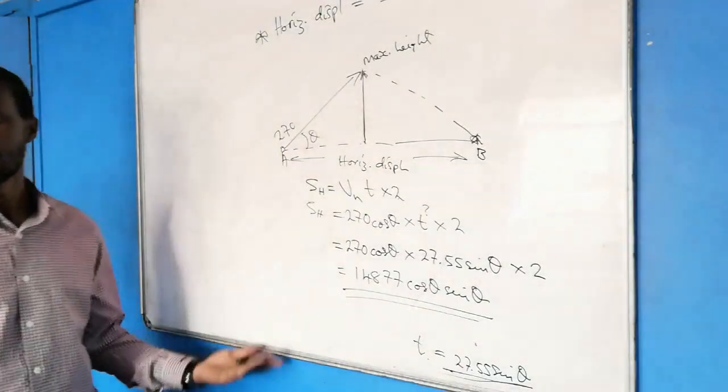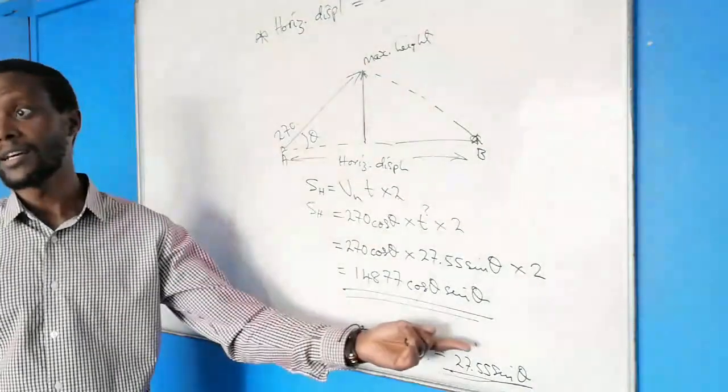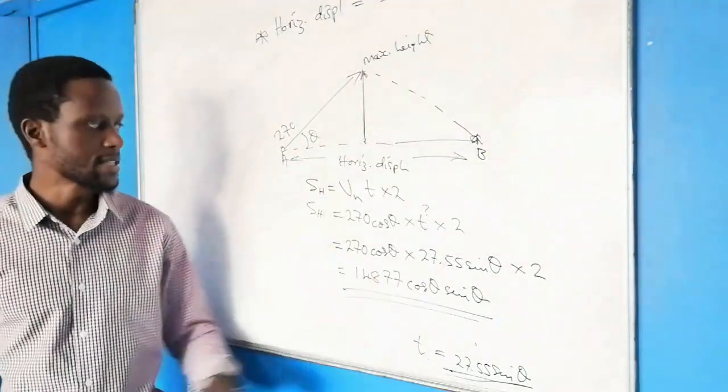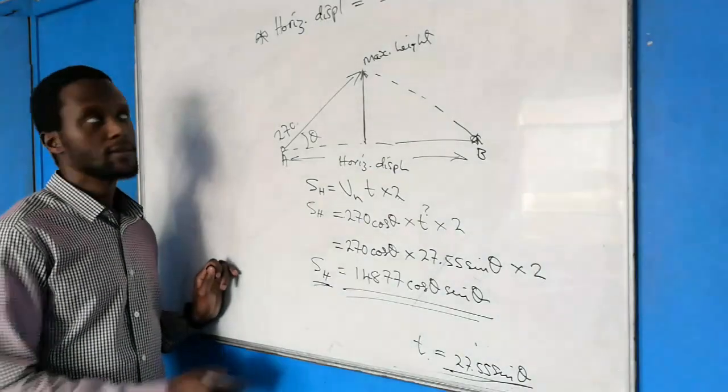Because we do not know cos theta and sine theta, if we knew theta, it would give us an answer, but we don't, so we'll write it like that. Cos theta sine theta, this is our horizontal displacement.